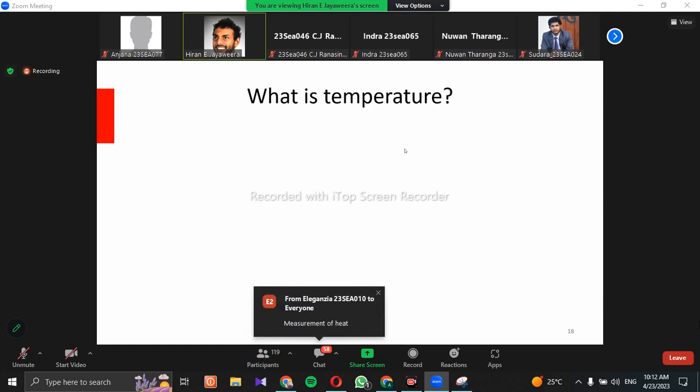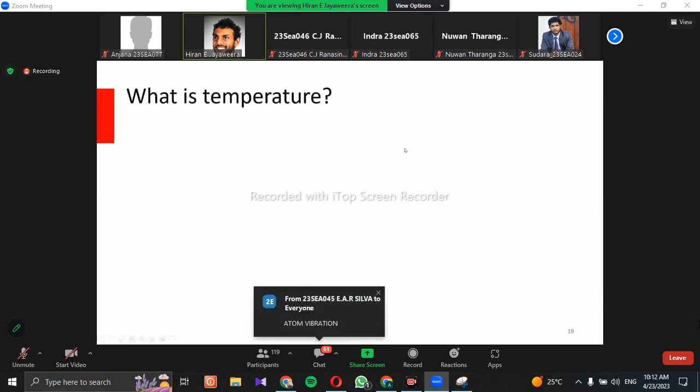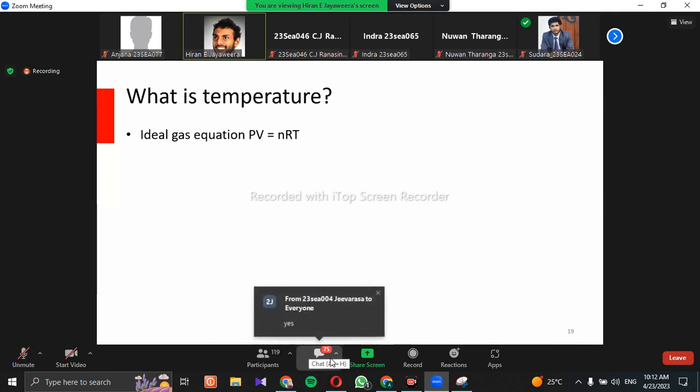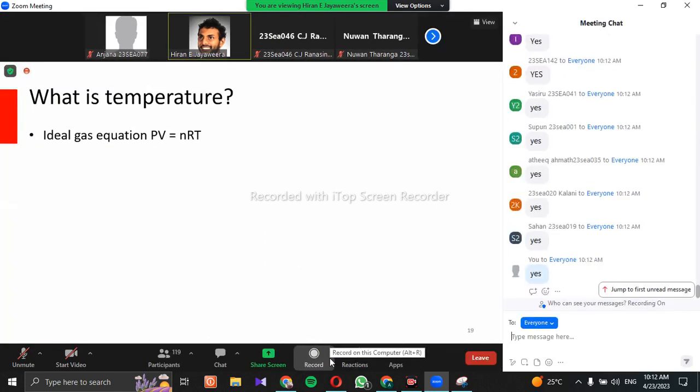All right. So let me show you this slide. We all know this equation, right? The ideal gas equation, PV equals nRT. Click yes or no. Do you know this equation? PV equals nRT. All right.